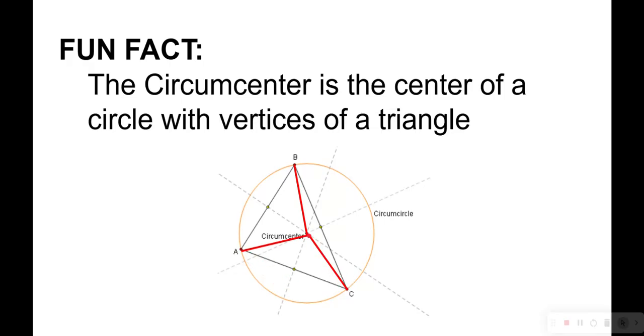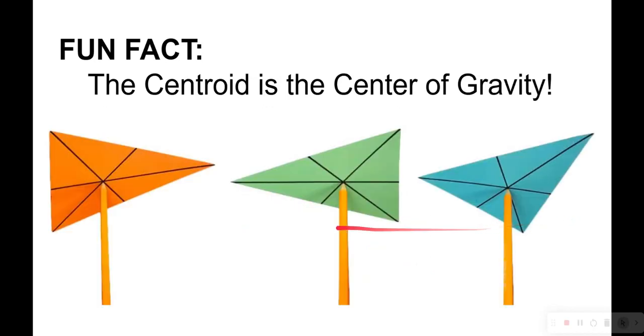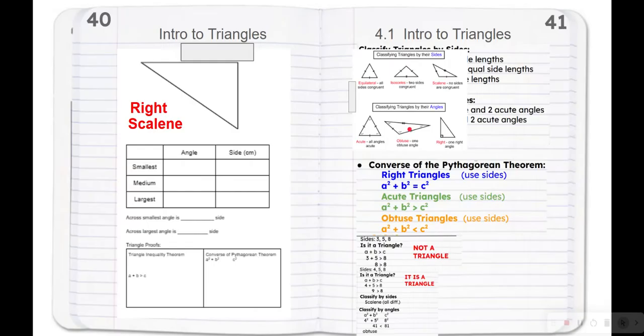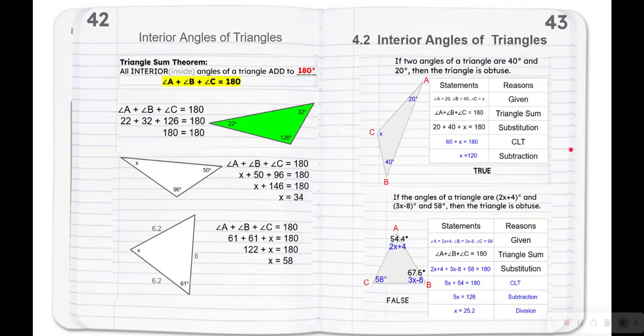And since this is the center, that means if I draw these three radii, they're all going to be the same length. So the circumcenter is equidistant to the angles of this very special triangle. Now the centroid is another point of concurrency, and it is the center of gravity. They both start with C, so it can be kind of confusing.